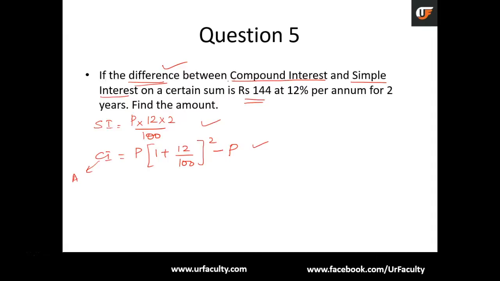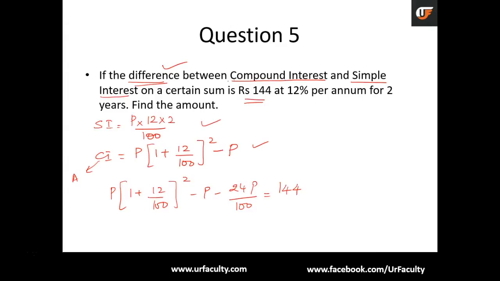So what happens? You put it as P into (1 plus 12 by 100) square minus P minus 24P by 100 is equal to 144. I'll not spend my time in solving this.